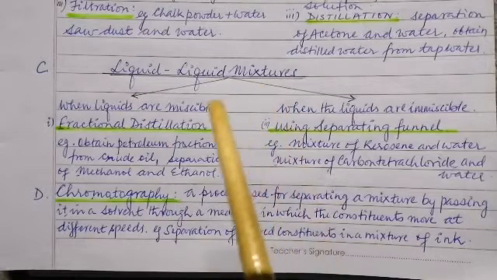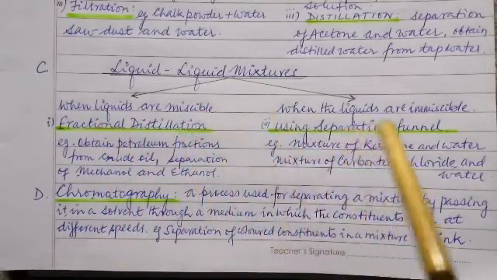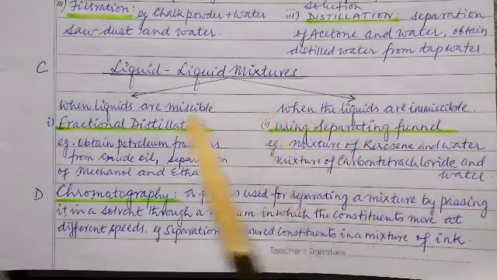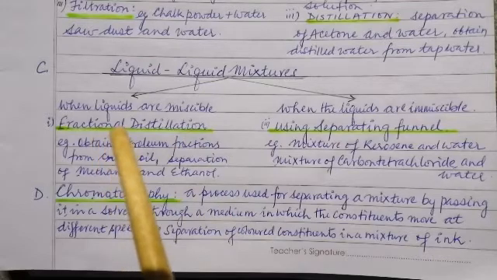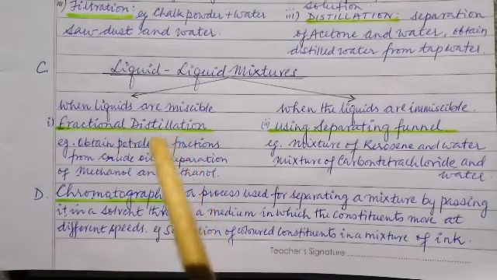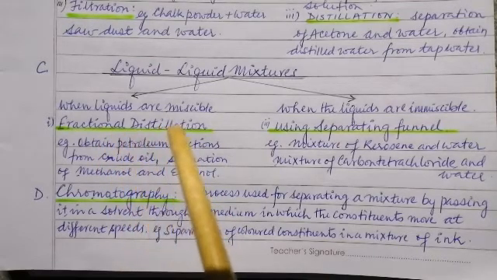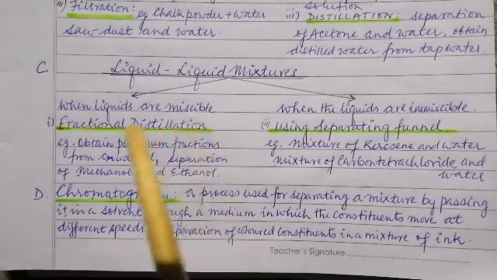Liquid mixtures. Now, the liquids may be miscible or immiscible. For instance, if the liquids are miscible, then you opt for fractional distillation. Fractional distillation is based on the principle of difference in the boiling points.